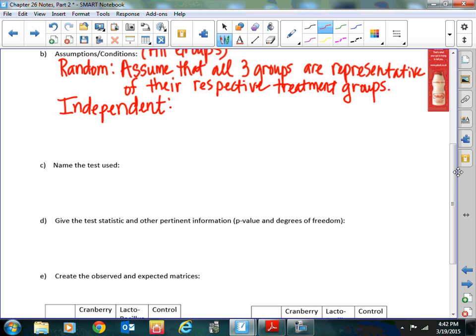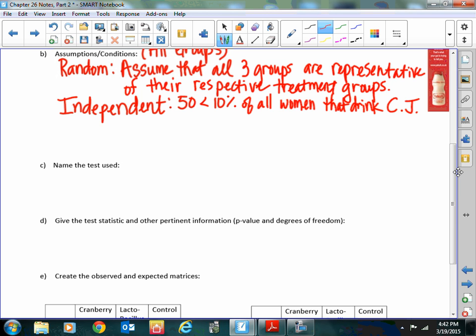But I want to do this just to remind you that multiple groups means multiple conditions. So 50 is less than 10% of all women that drink cranberry juice. I'll abbreviate that.